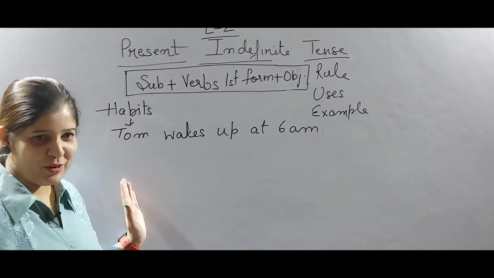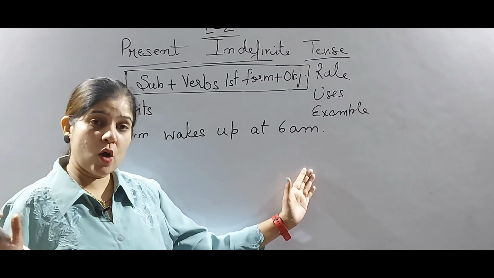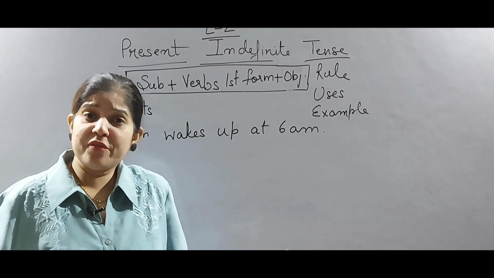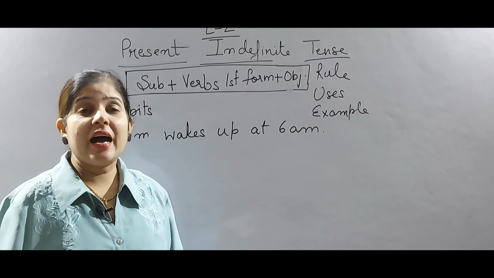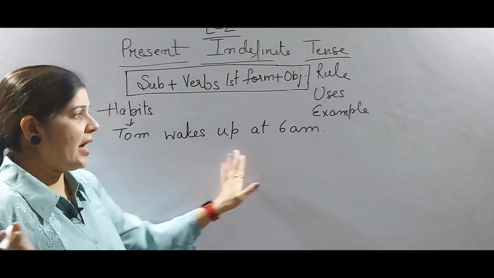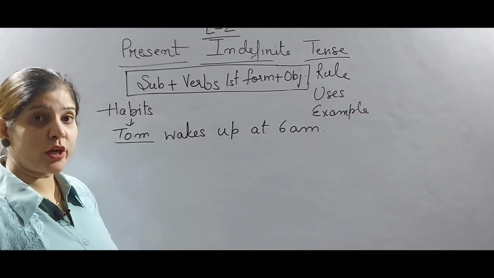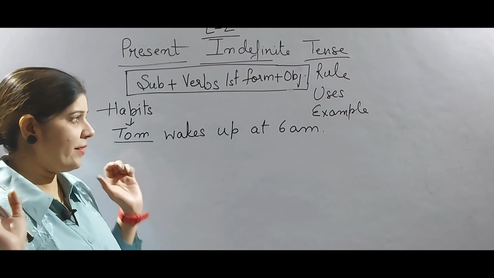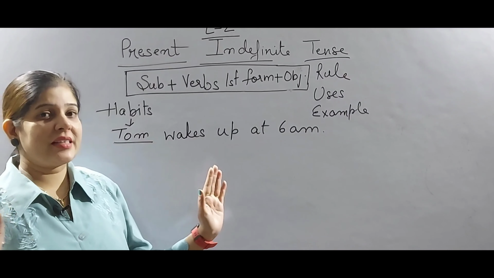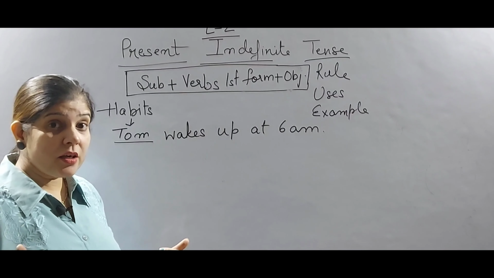It's a very good habit. So, students, this is a habit of Tom. Other sentences we can say: I brush my teeth every day, or I go for a walk. Here I have used a singular subject. So I say Tom wakes up at 6 a.m. This is a habit.